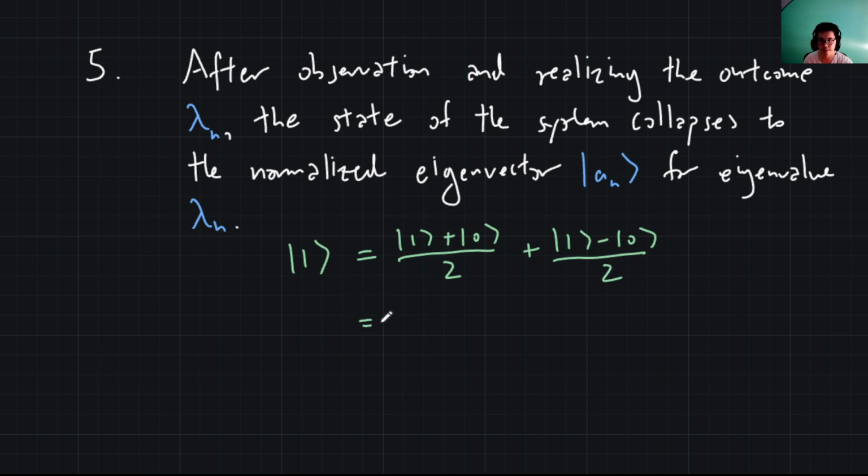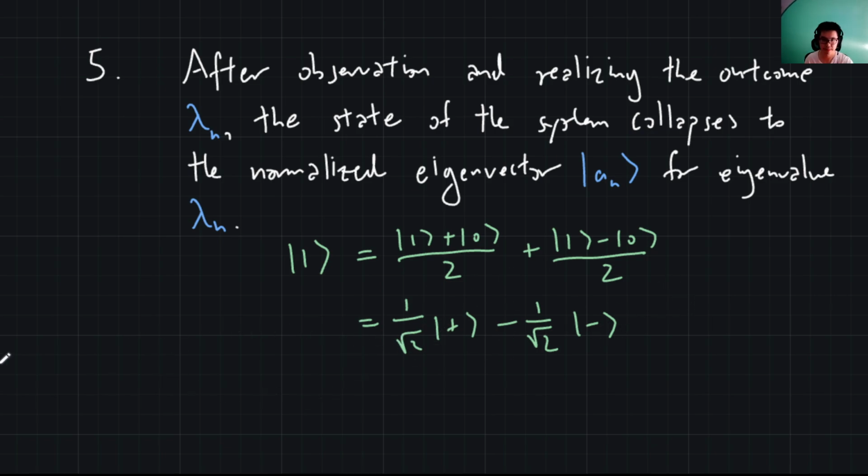This thing can be expressed as 1 over root 2 of the plus state, and this is just the negative of 1 over root 2 of the minus state. Sorry, I got root half and root 2 a bit mixed up.